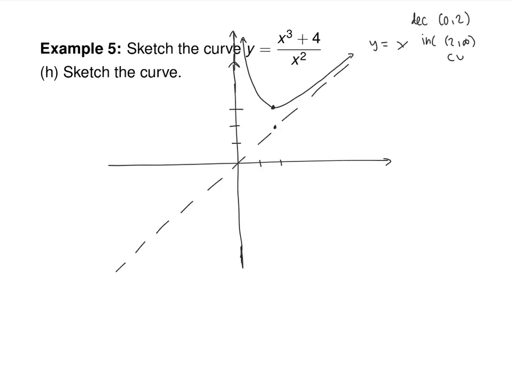Okay. And then on the left side, since we don't have any specific points, I would suggest just picking some numbers to plug in. Does that make sense? Try easy things like -1. That would give you 3 over 1, right? So you've got the point -1, 3. Just pick one more. How about -2?